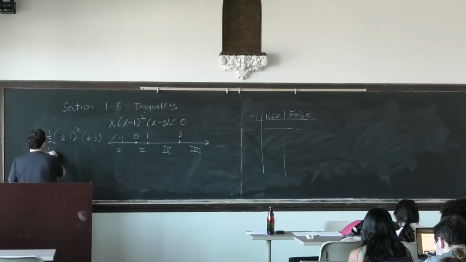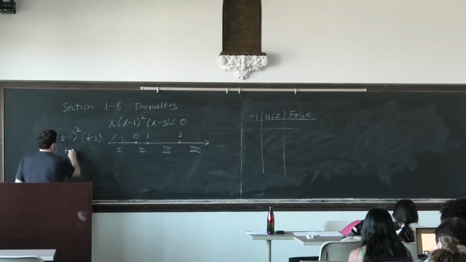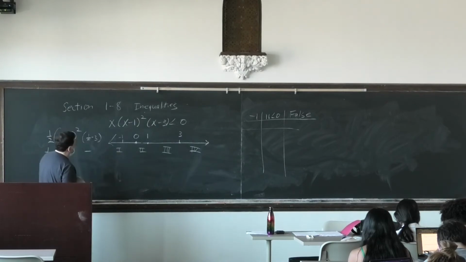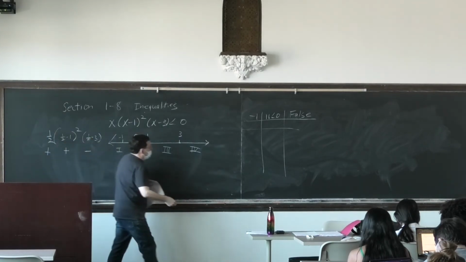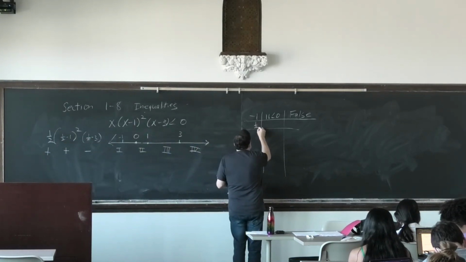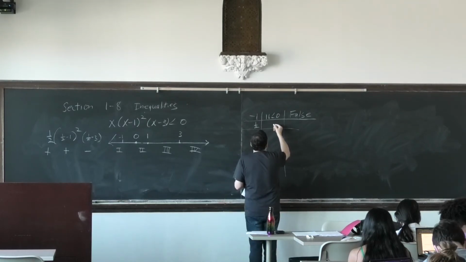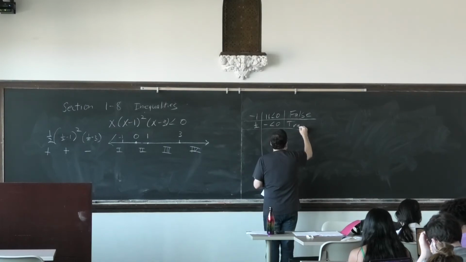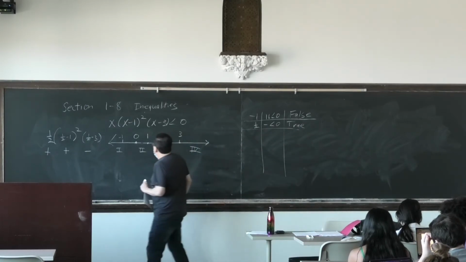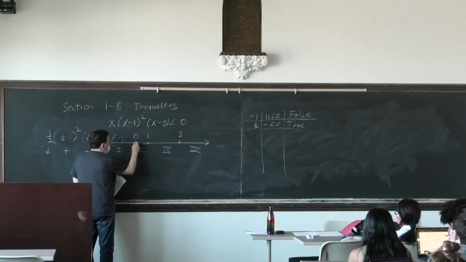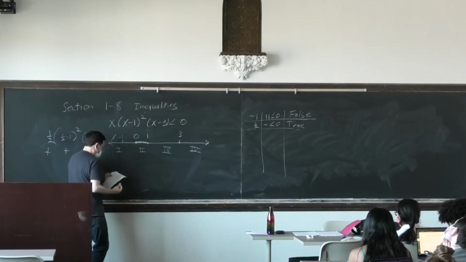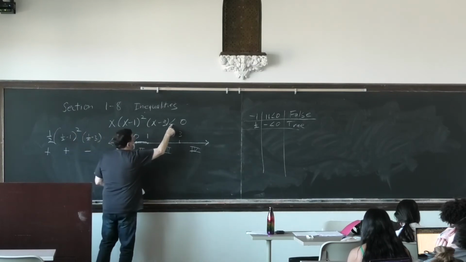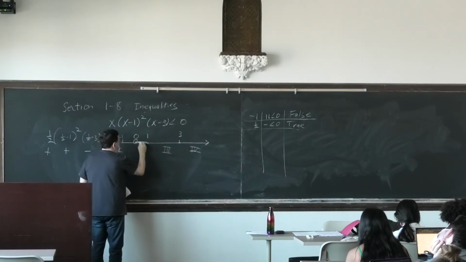We can just say this is positive, this is squared, so it has to be positive, and this is negative. So negative is less than 0. So this is true. So that tells us this region here is going to be included. Since this is a less than, again, these are open.